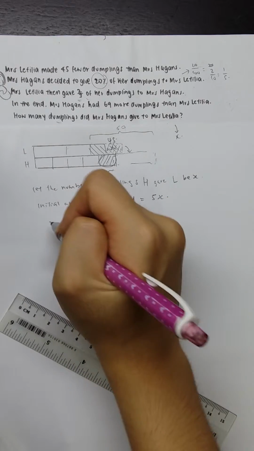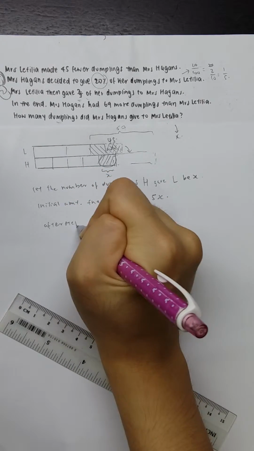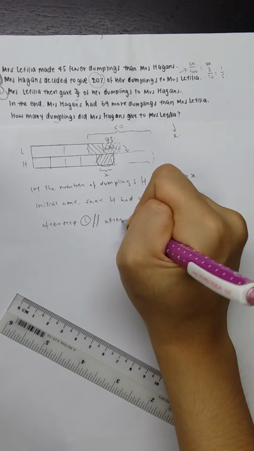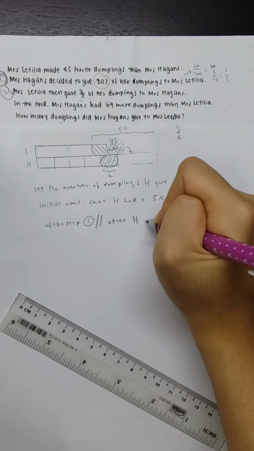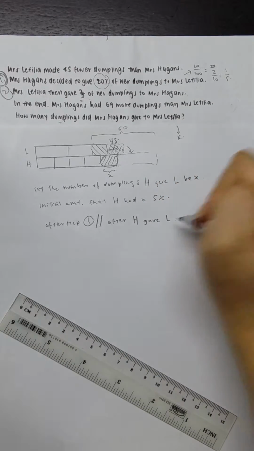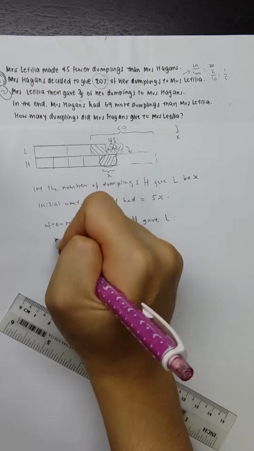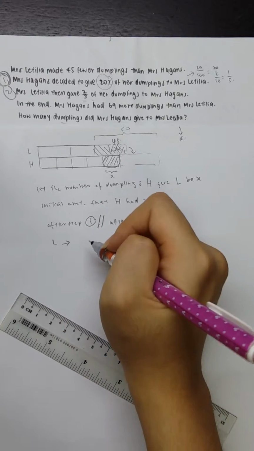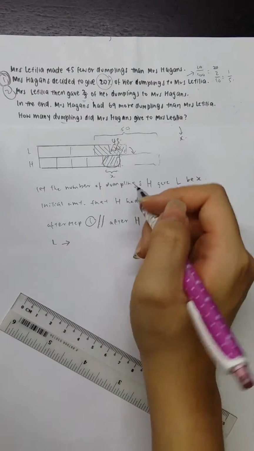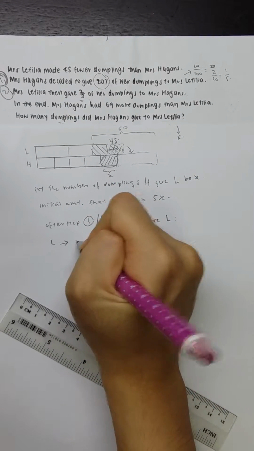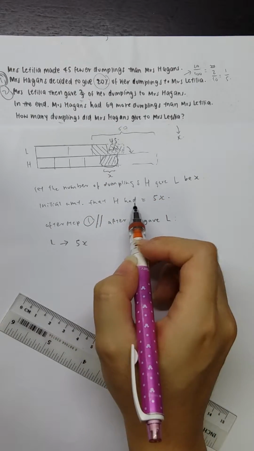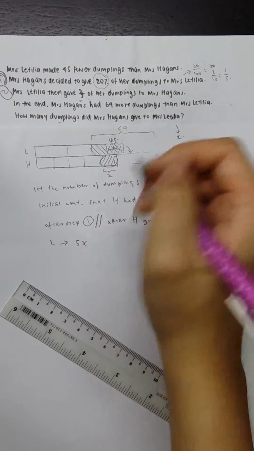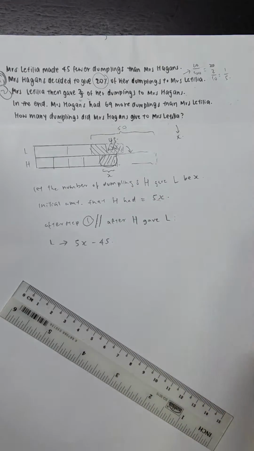So after step 1, which means after Mrs. Higgins gave Mrs. Latilia, right? How much did Mrs. Latilia have would be equal to the 5x, the initial of what Mrs. Higgins had, minus the 45, right?